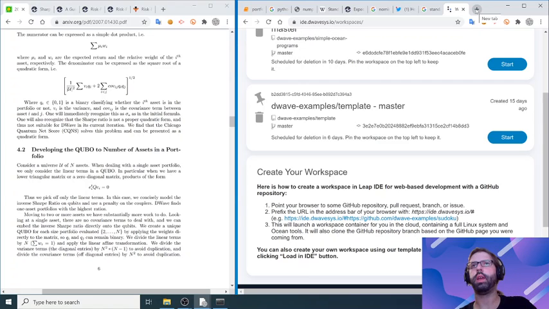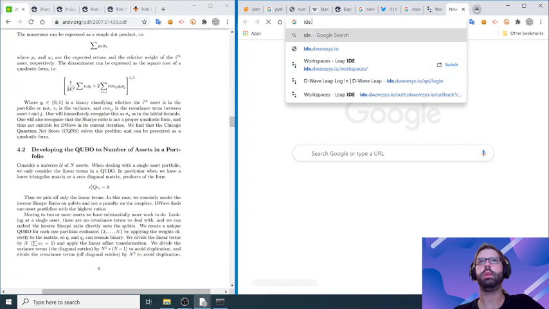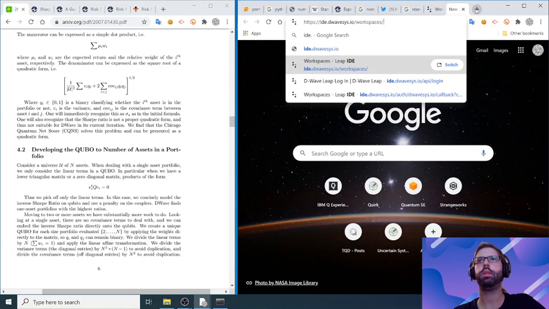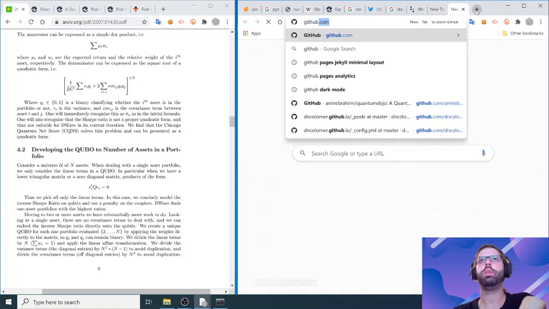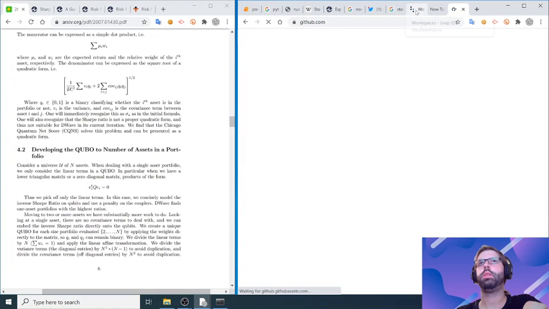Oh, wait a second. I had an IDE. Did I create a repository actually? Did I do this?